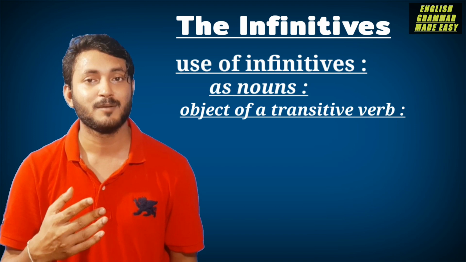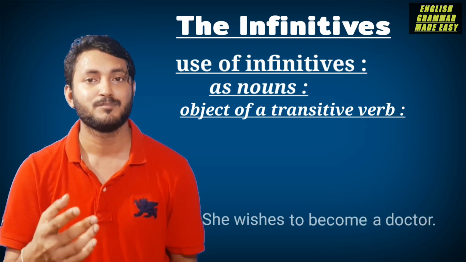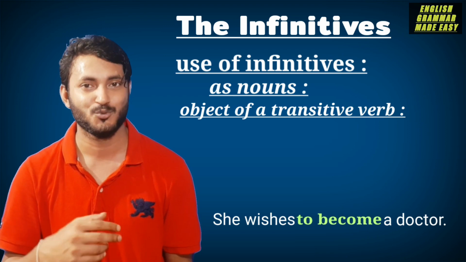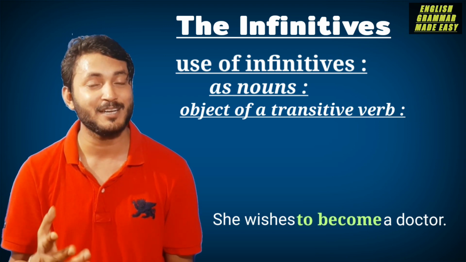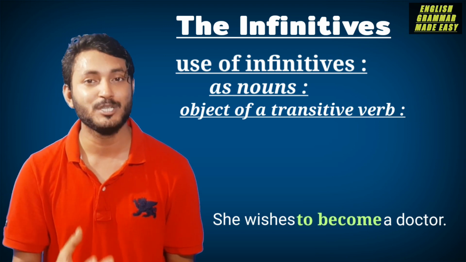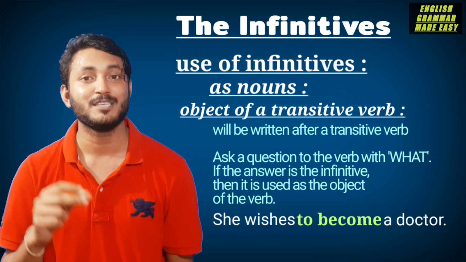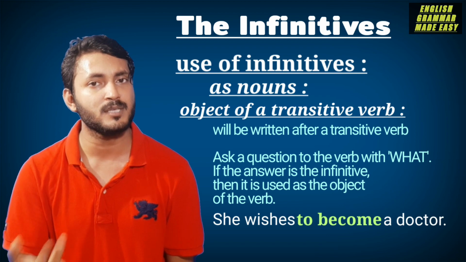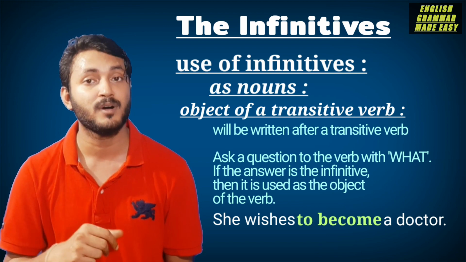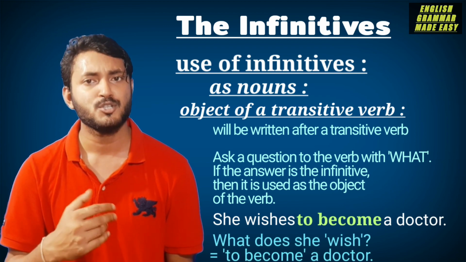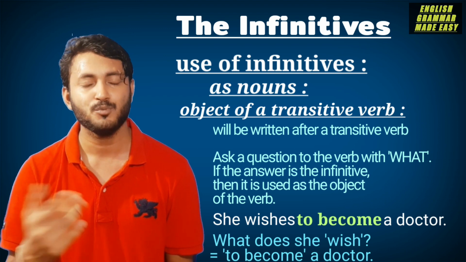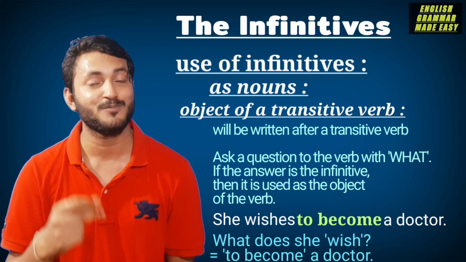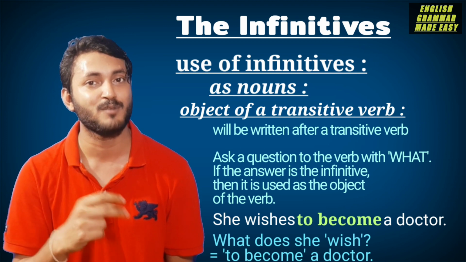If I say that she wishes to become a doctor, what is our infinitive here? To become, but it is written after the verb wishes. So here it is used as an object of the verb wishes. But how do you know that it is an object? Ask a question to the verb with what. What does she wish? To become a doctor. So to become is our infinitive, that is the answer of the question what and written after the verb wishes.